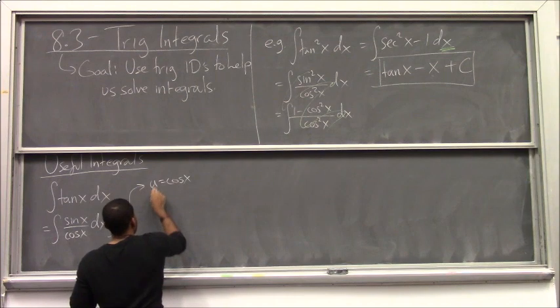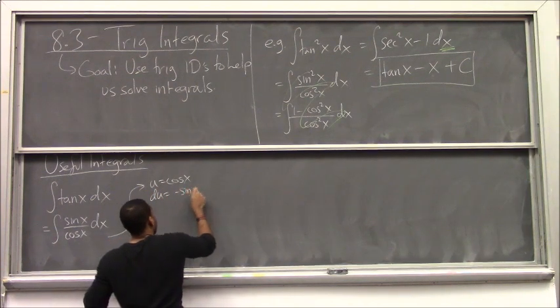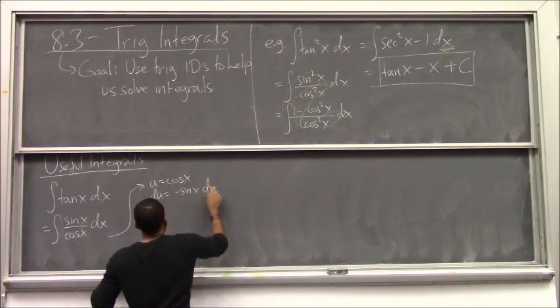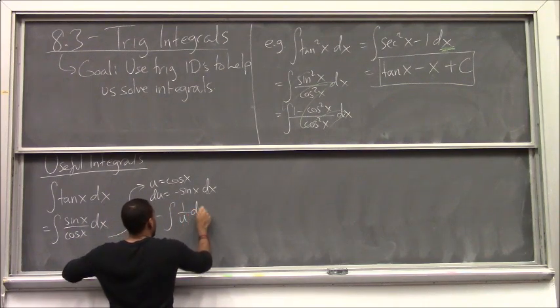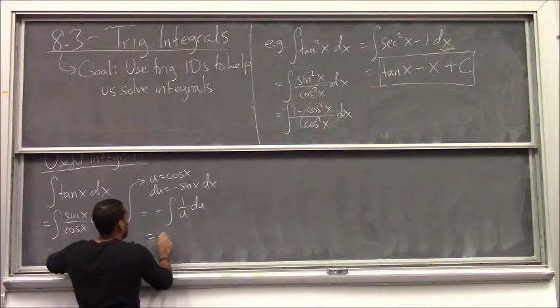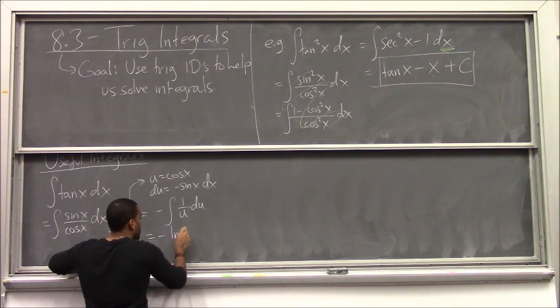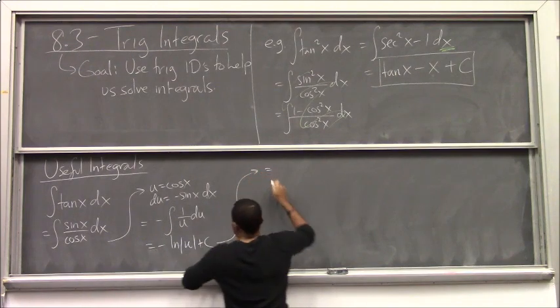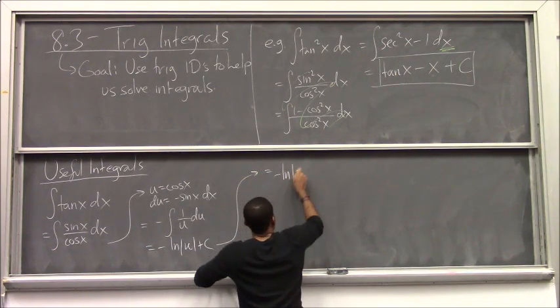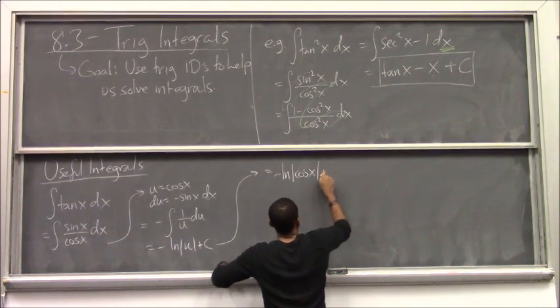You should get the negative integral of 1 over u. So this becomes minus 1 over u du. Integral of that? Negative natural log of the absolute value of u. So that leads us to minus ln of the absolute value of cosine plus c.